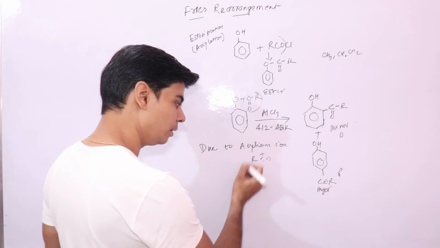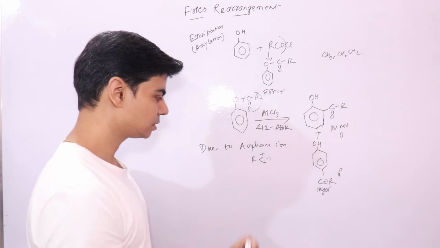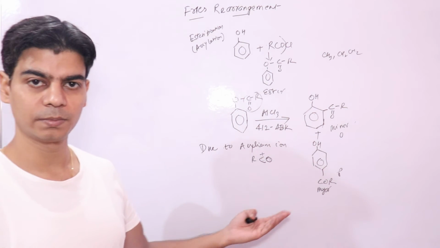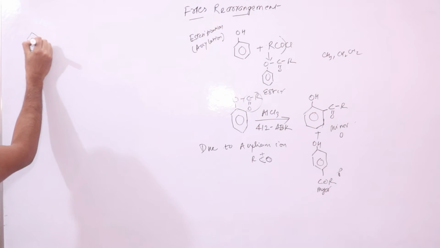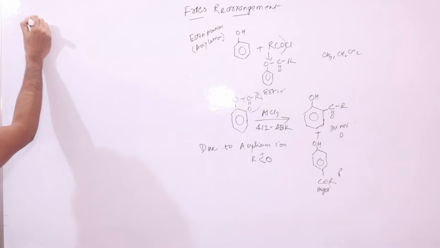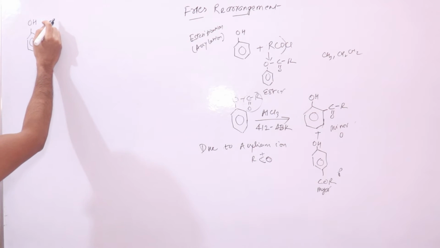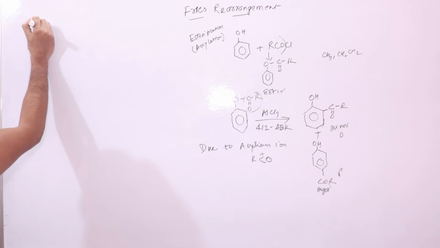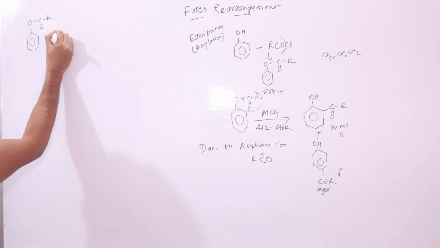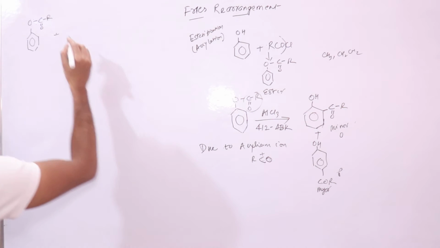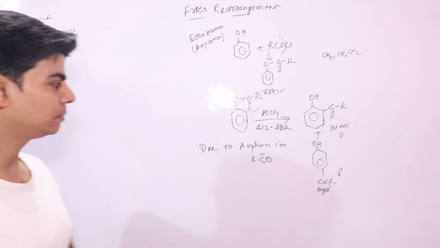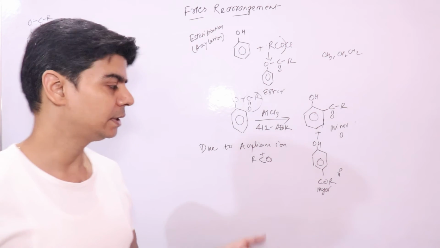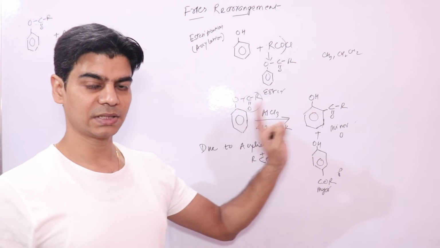Now let's see how in the mechanism this acylium ion is formed. This is again your ester, in the presence of aluminium chloride. We know that aluminium chloride is an electron deficient compound, an exception to the octet rule.